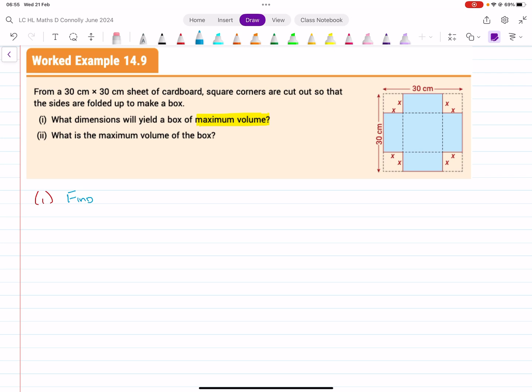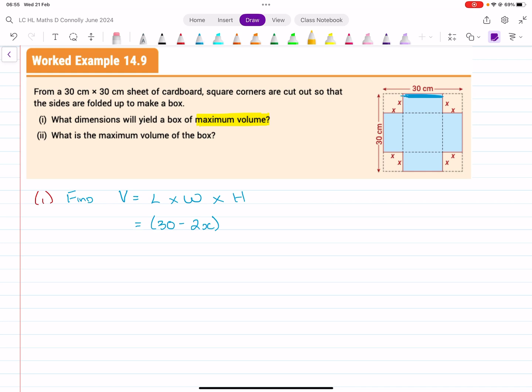Okay, we're looking for max volume, which means the formula we're looking for is the volume of the box. To get volume, it's length by width by height. So the length of the box, when it's folded, is going to be that bit there that I've just coloured in. And the length of that is 30 minus x minus x, so it's 30 minus 2x.